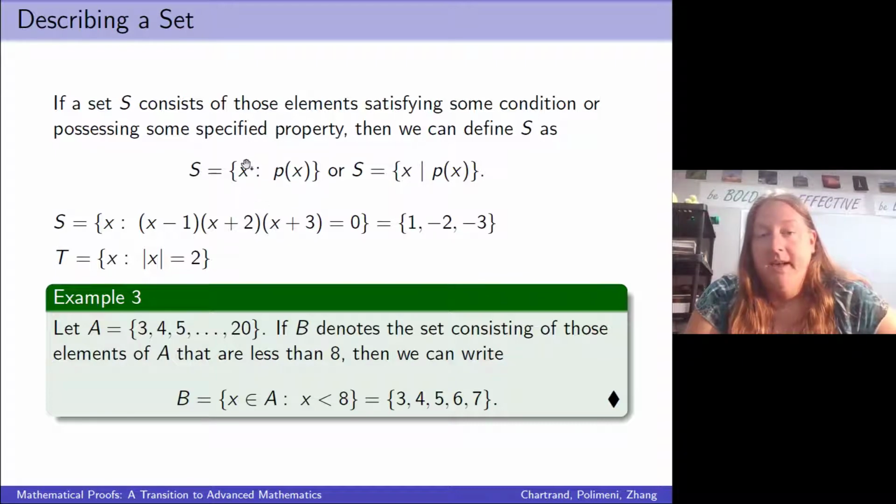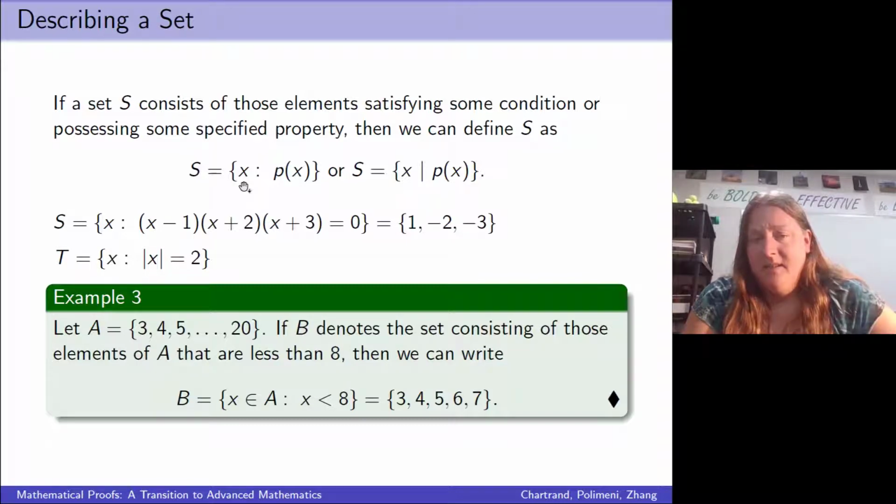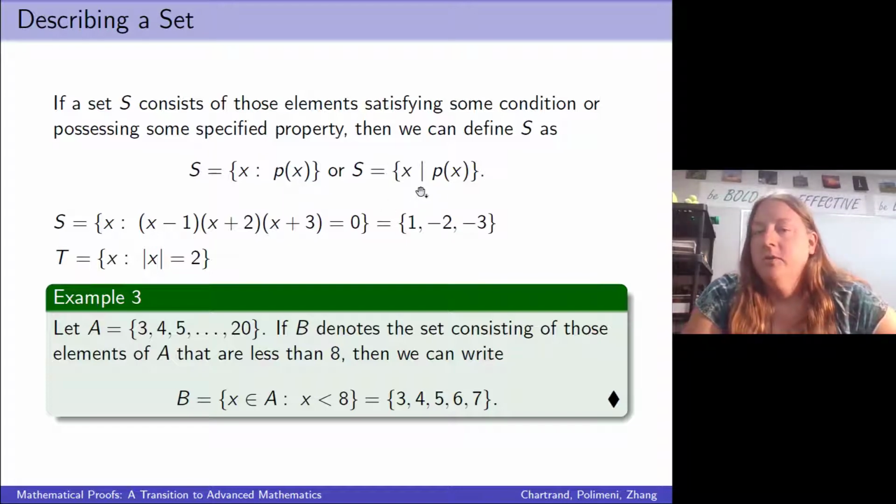So right here, I've got X, all right? So S is going to contain all the elements X. The colon we read as such that. So S is going to contain all the elements X such that P of X. And P of X must be true.